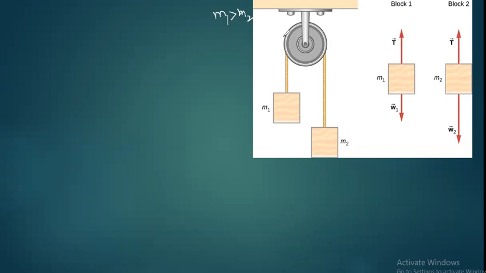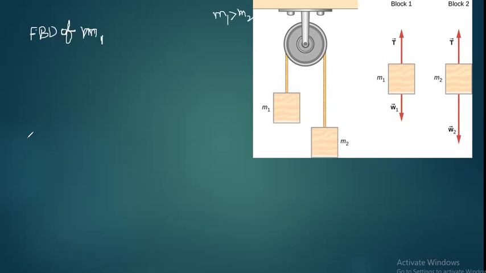Those many blocks we divide into. The first block is M1 and the second block is M2, so that we draw the FBD of M1 and the FBD of M2 to get the total system FBD. Let us draw the FBD of M1.